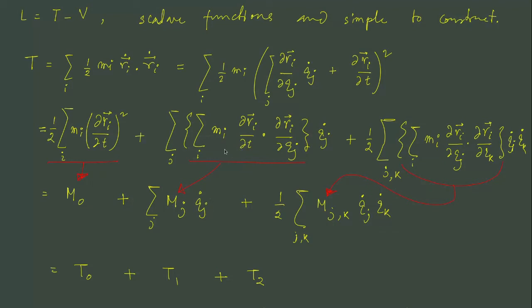Now, the half factor is not there for the simple reason that if you take the cross product, then ∂Ri/∂t will be multiplied with the partial derivative ∂Ri/∂Qj twice, once from the first one to the second, and then from the second one to the first.